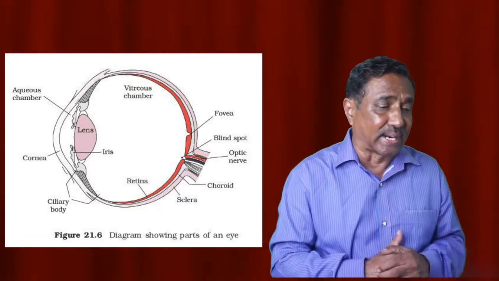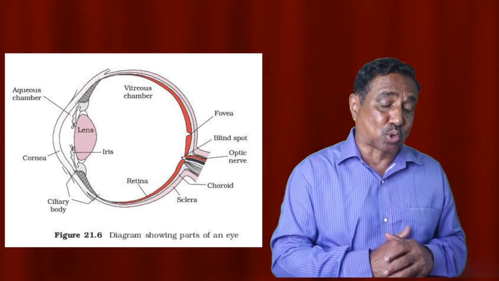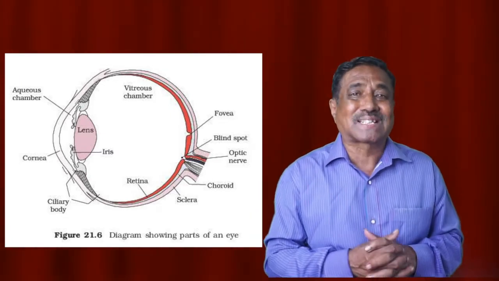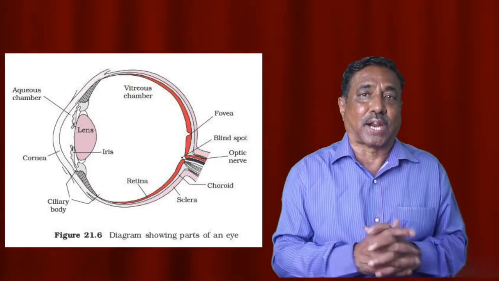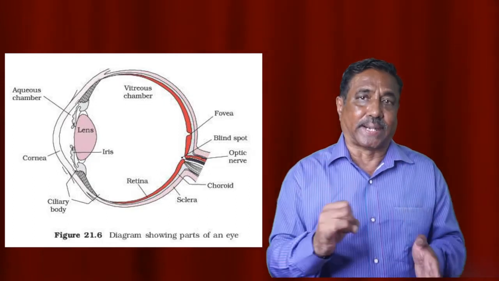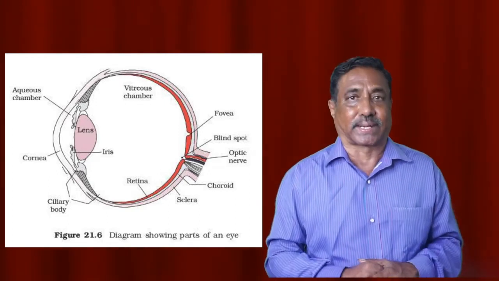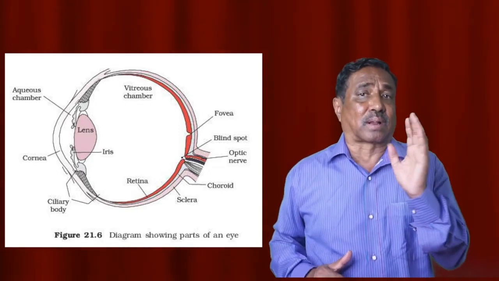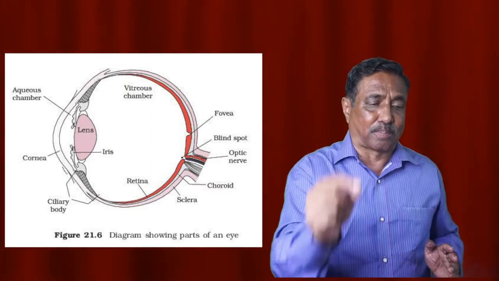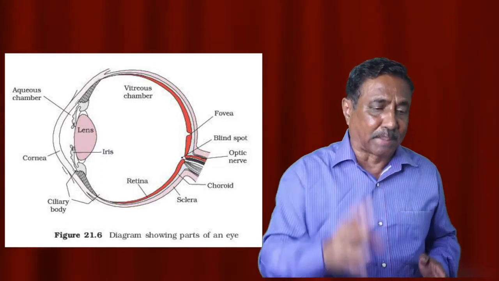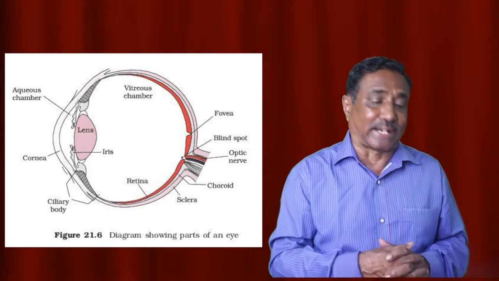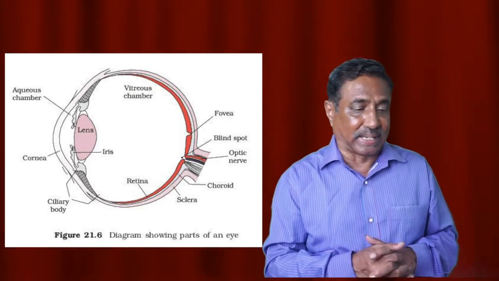Rods are sensitive to dim light, that is scotopic vision, whereas the cones have photopic vision and color vision, especially for the red, green and blue colors. And the rods have a purple reddish protein pigment called rhodopsin, and it is a derivative of vitamin A.